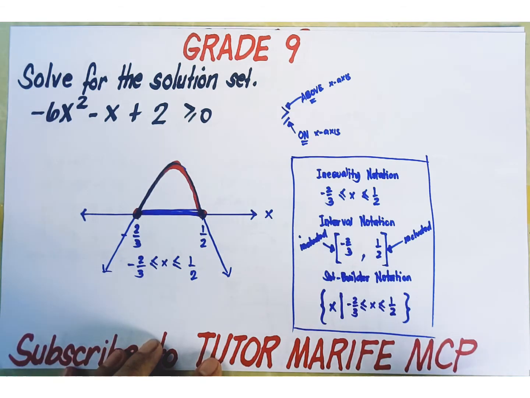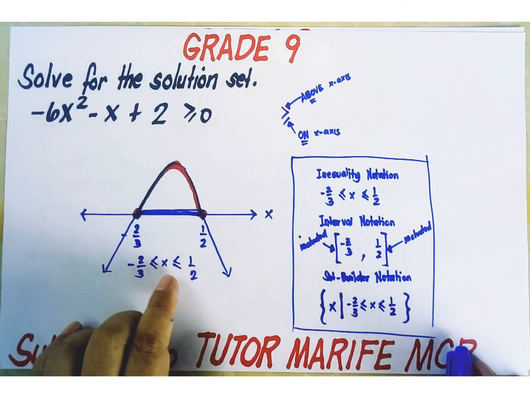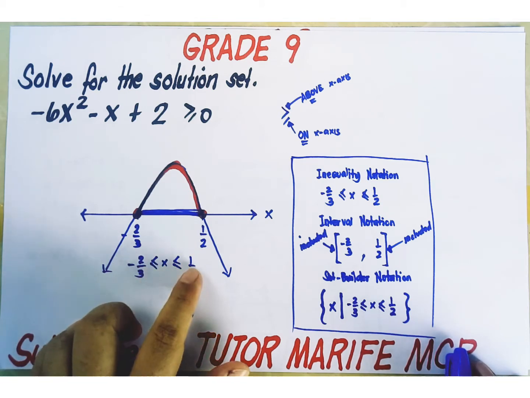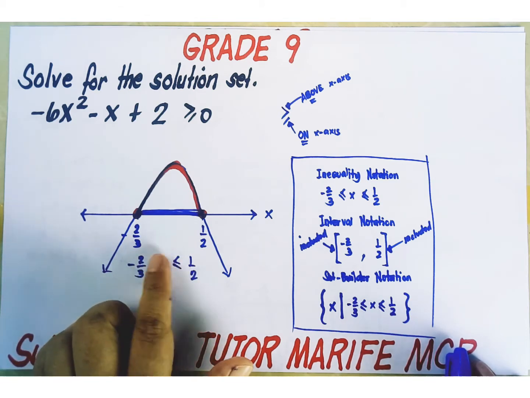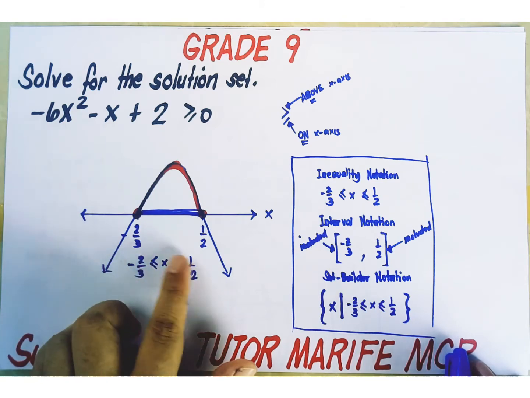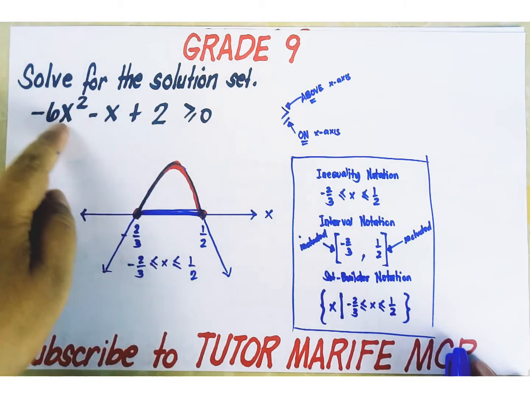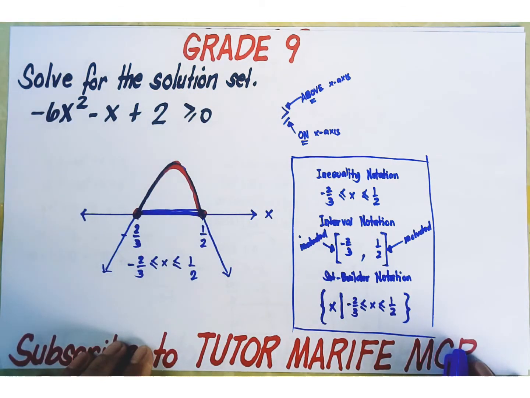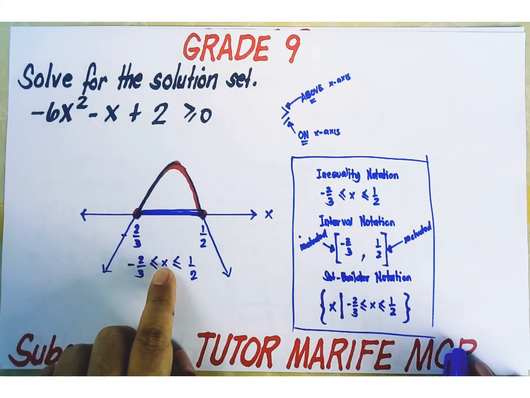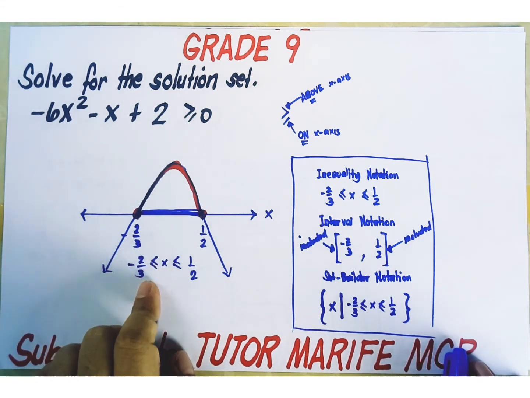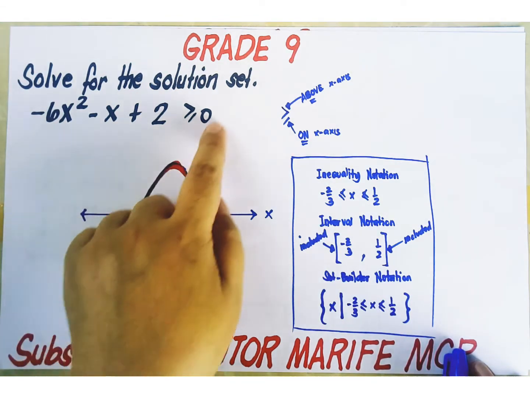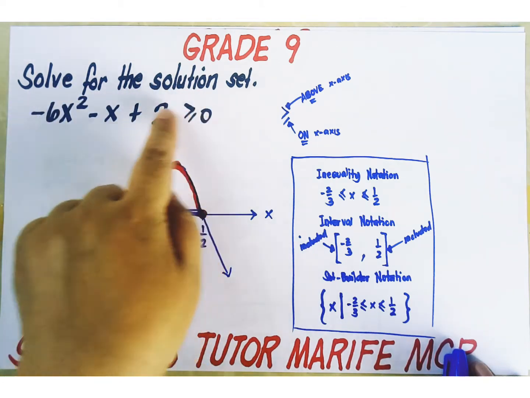If you want to validate your solution set, you can plug any number within this interval and try to find out the numerical value for the left side, if it makes the statement true. Let's try one value, 0. 0 is greater than negative 2/3 but less than 1/2. Let's double check if this becomes true when x is equal to 0.